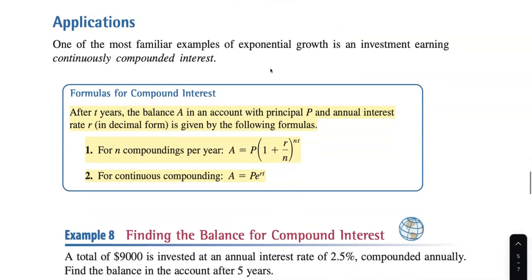Okay, let's do some applications of e. We use it a lot in interest, in continuous compounding interest. Compound interest, you might have seen this before: A equals P times 1 plus r over n, to the nt. Let's talk about what it means. This is the formula. P is the principal, like your deposit, your initial value.